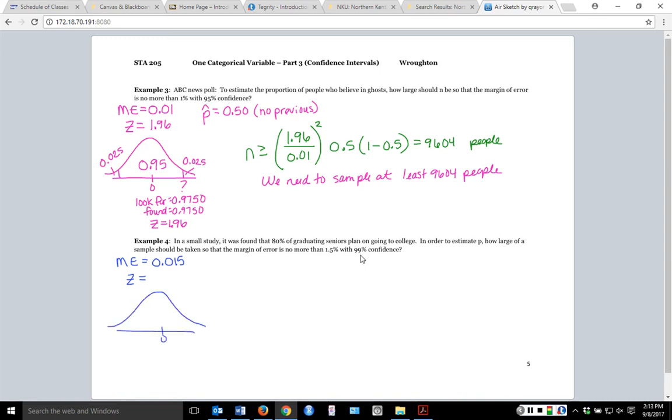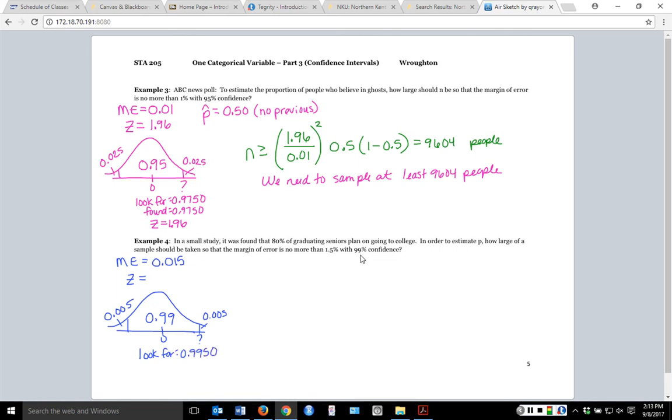So this time, instead of having 95% in the middle, I'm going to have 99% in the middle. That leftover 1% I'm going to split up onto either side. I'm going to go to the table looking for the total left to the question mark. So that 0.99 plus that 0.005.